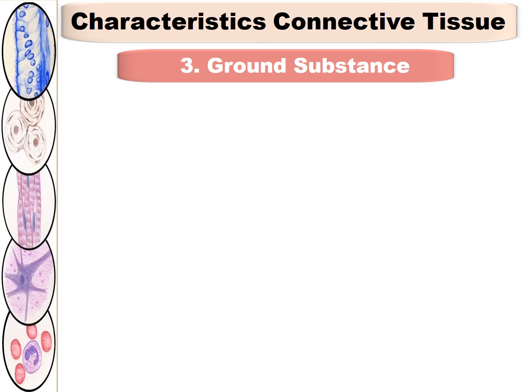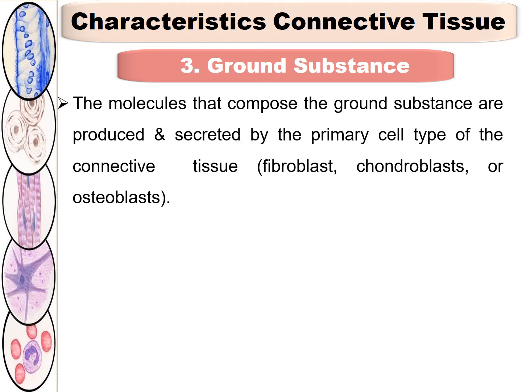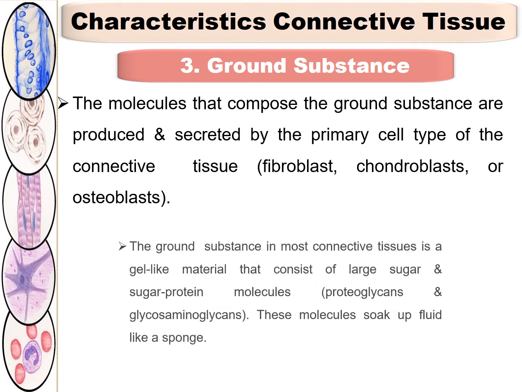Then the third structural element of connective tissue is the ground substance. Actually, the molecules that compose the ground substance are produced and secreted by the primary cell type of the connective tissues, like fibroblast, chondroblast or osteoblast.